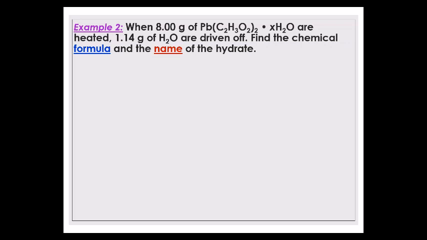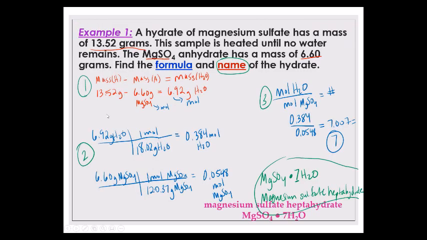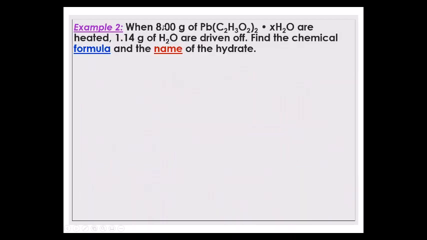So when we do the subtraction, what are we finding? Remember last problem, I'll go back one. We had the mass of the hydrate, we had the mass of the anhydrate, and we found the mass of the water. This time they gave us the mass of the hydrate and the mass of the water, so we're finding the mass of the anhydrate. So we would have the mass of the hydrate minus the mass of the water.